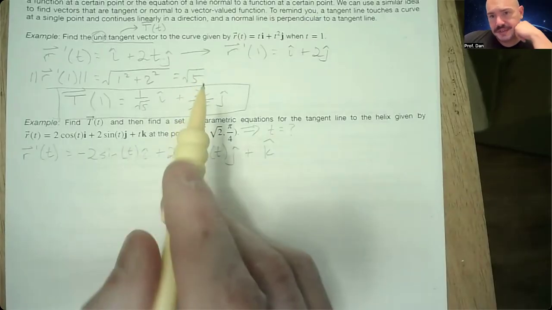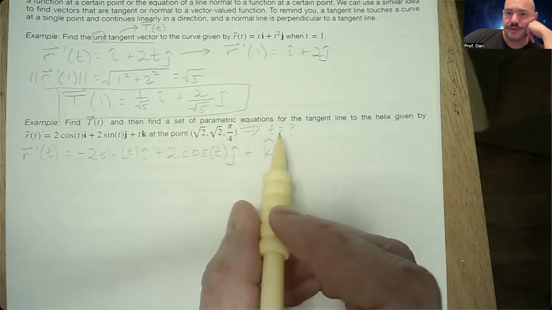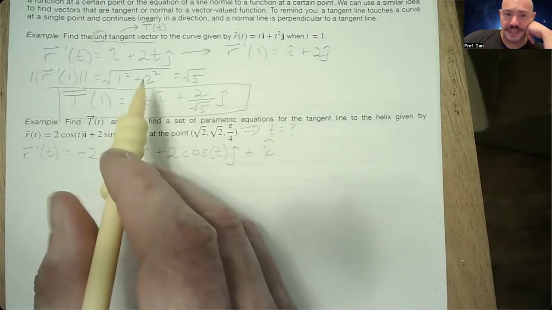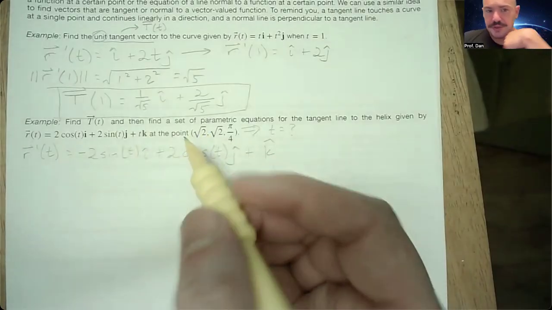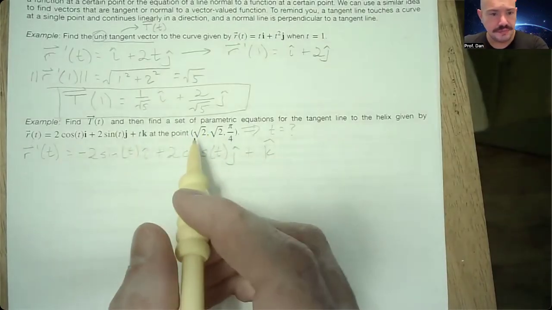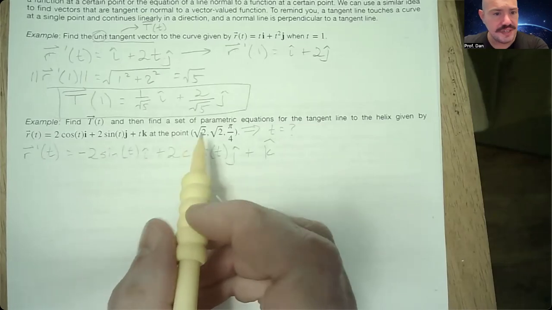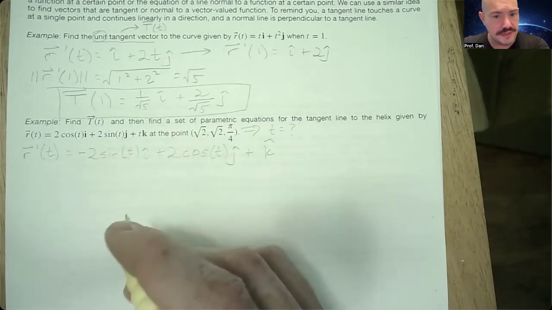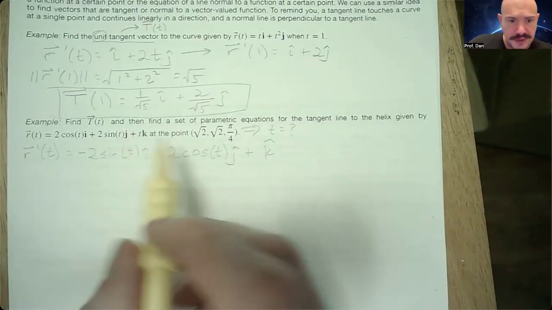And just like in the last example, to write out my unit tangent vector, I need to figure out what value of t to plug in. Here they gave it to me. Here I have to figure it out. I could do this using any of these components. They should all end up getting me to the same conclusion.